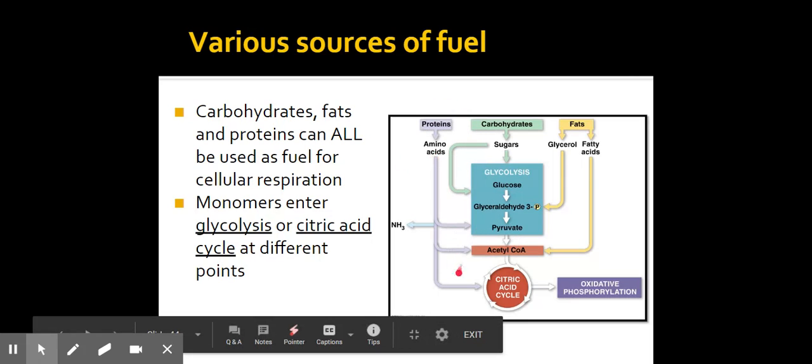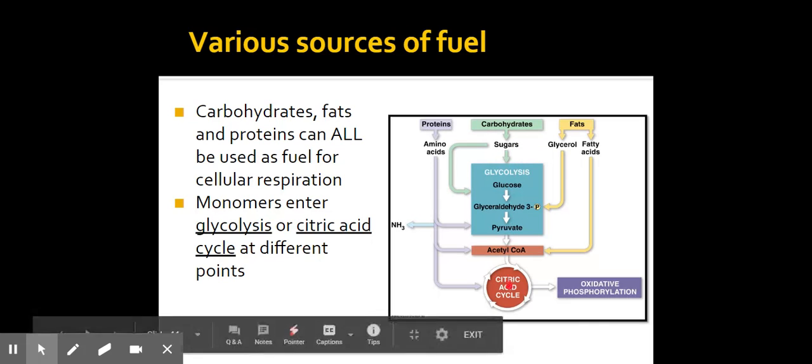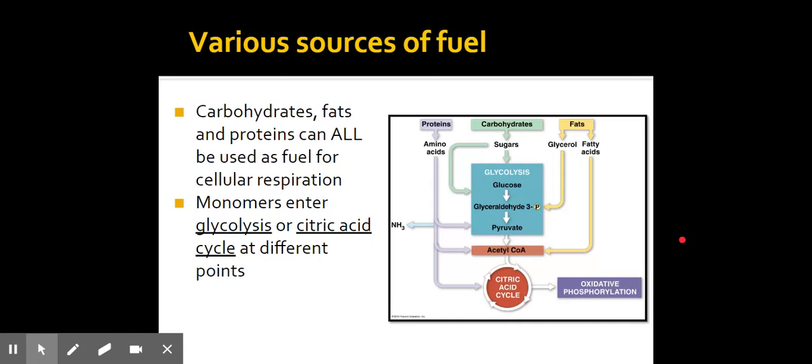So it can be broken down and still utilized for energy, since we know proteins and fats also provide energy. Our sugars, our glucose molecules, are most commonly used because they go through all three of these main steps here, and they're used most effectively and efficiently. But know that we can break down our other macromolecules and use them too.